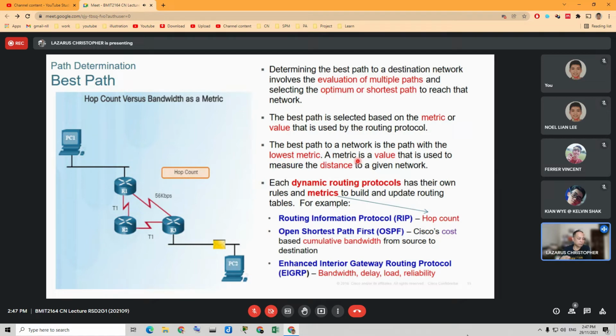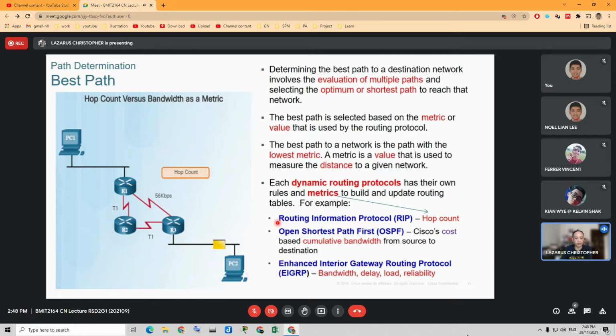Depending on what you consider your metric, it can be hop count, it can be bandwidth, it can be something else, right? So in general, we just say metric. Then it depends on what protocol we use, and what metric that protocol uses. If you implement that protocol, then your router considers the metric used by that particular protocol.